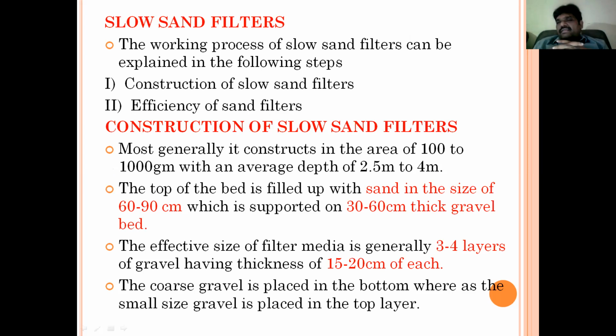Most generally, the slow sand beds are constructed in the area of 100 to 1000 square meters with an average depth of 2.5 meters to 4 meters.